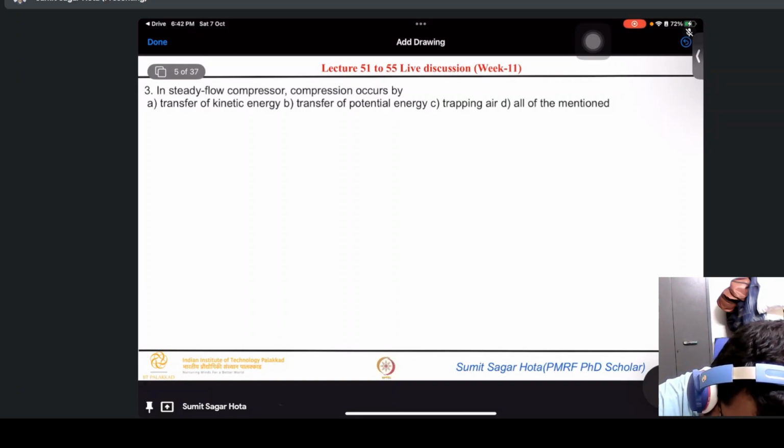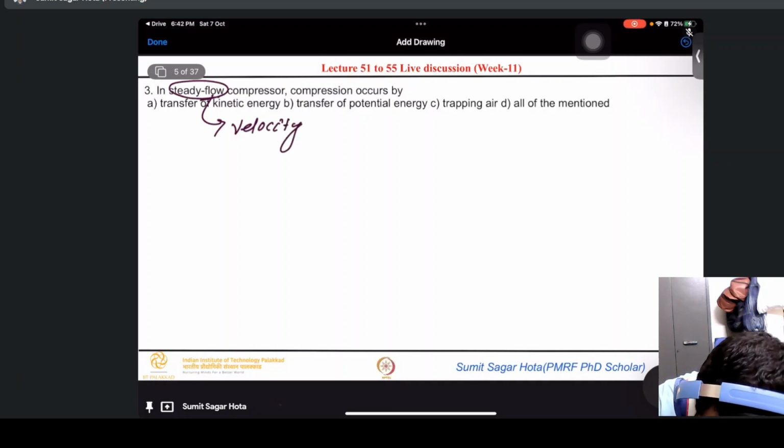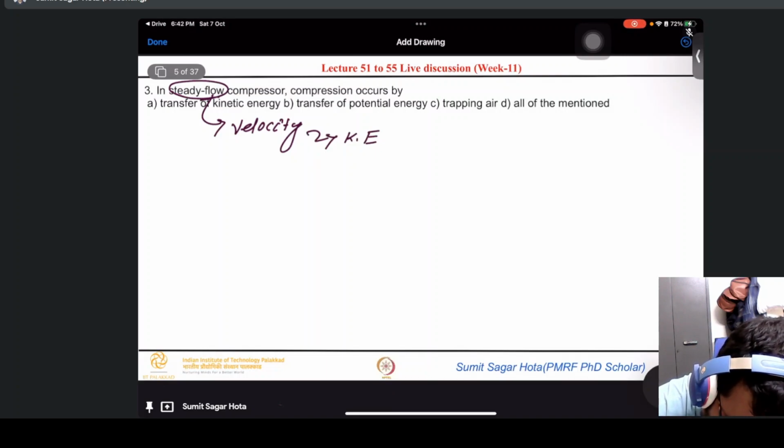What is mentioned in the question? Steady flow. What does flow mean? Flow means it must have some velocity. If velocity is involved, then which kind of energy is involved? Obviously your kinetic energy.